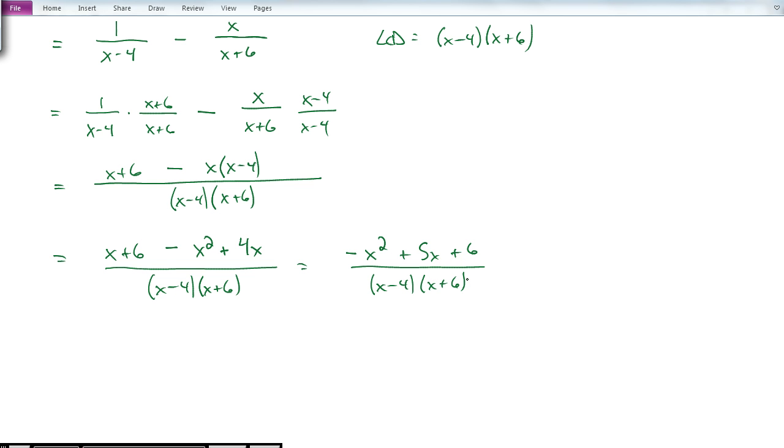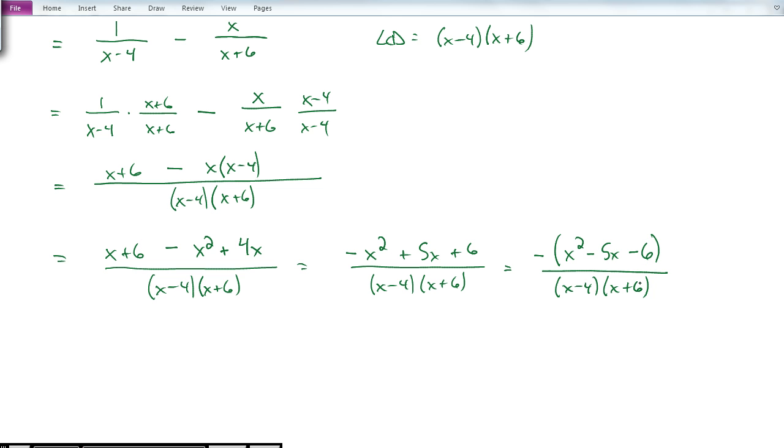And I'm wondering if I can factor the numerator now. Maybe there's a common factor in the numerator and denominator still. So what I'm going to do is take the opposite of the numerator. I'm going to call that the opposite of x squared minus 5x minus 6, all over x minus 4 times x plus 6.